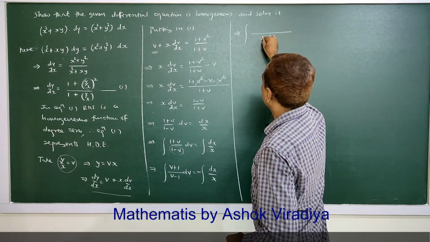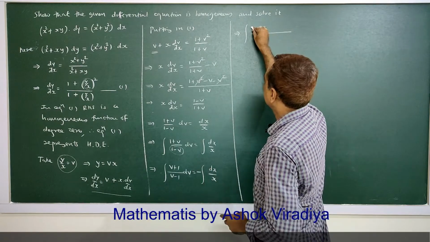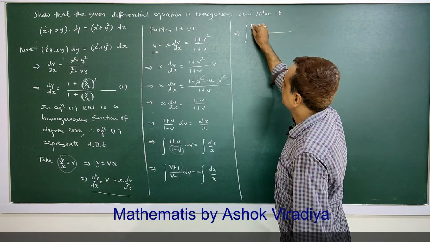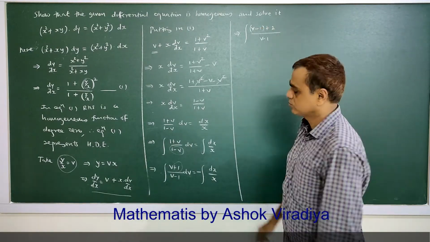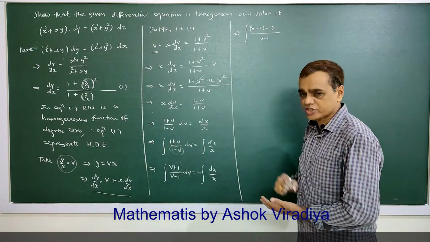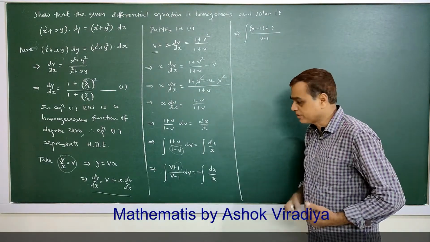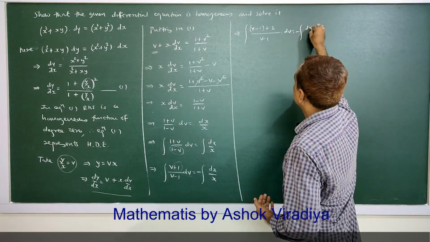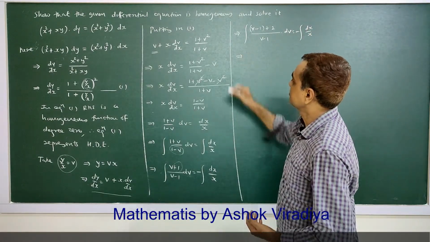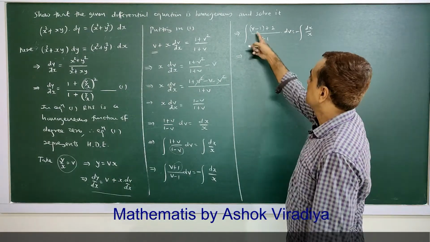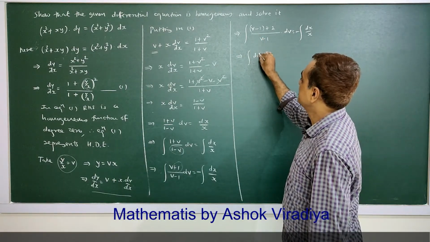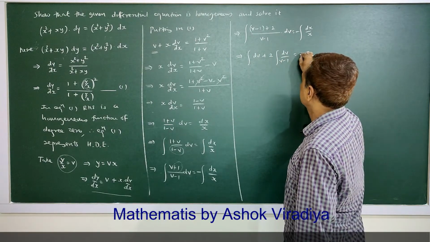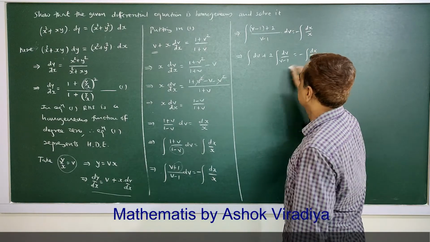here v minus 1, now v plus 1, this plus 1 can be expressed as minus 1 plus 2, so the total value remains unchanged and we can have an integrable form. Into dv is equal to minus dx upon x, that is dividing individually, this is 1 dv plus 2 into dv upon v minus 1 is equal to minus dx upon x.